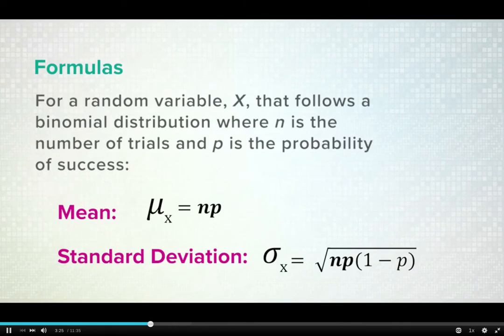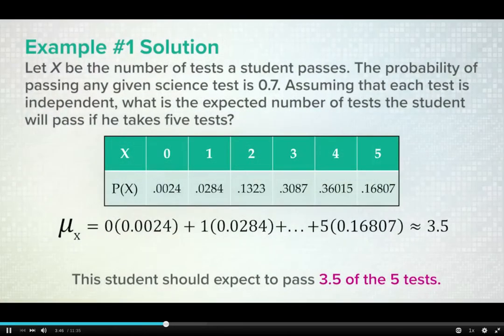So let's look at the formulas one more time. For a random variable x that follows a binomial distribution, where n is the number of trials and p is the probability of success, the mean of x is just n times p. And the standard deviation of x is the square root of n times p times the quantity 1 minus p. Let's look at this in action. My answer was 3.5. I did this by making a probability distribution chart and multiply, add.